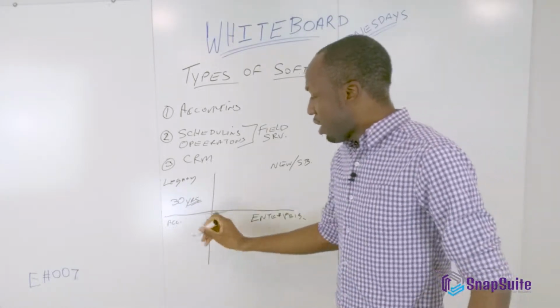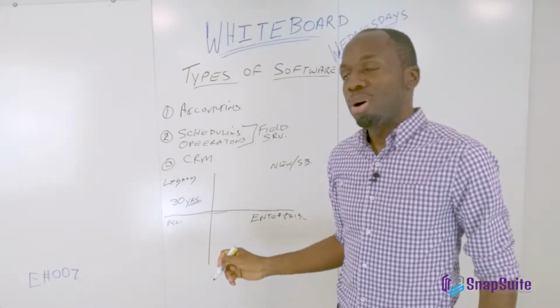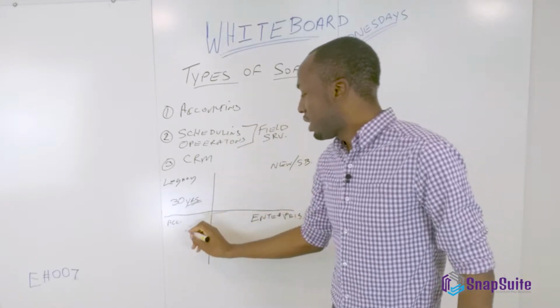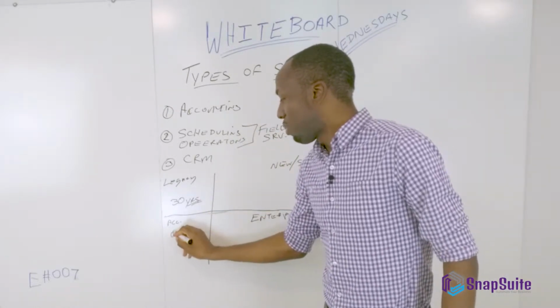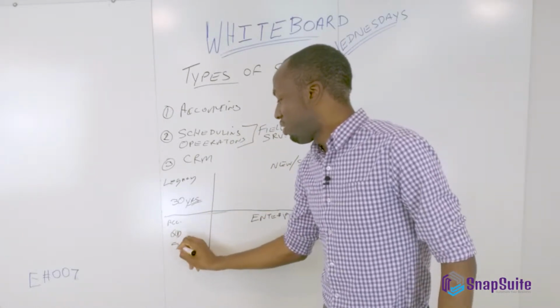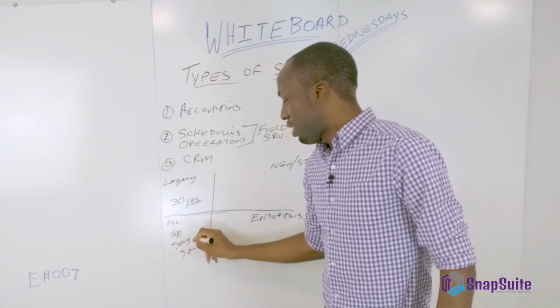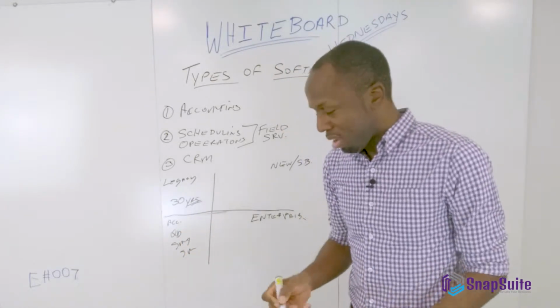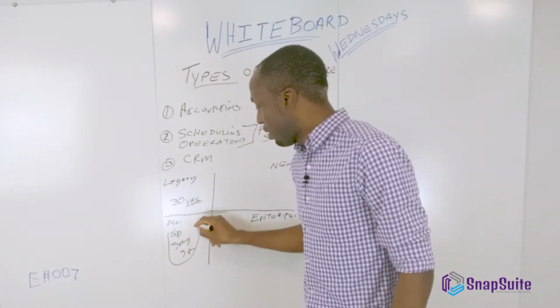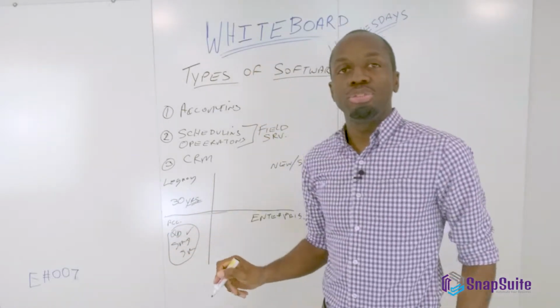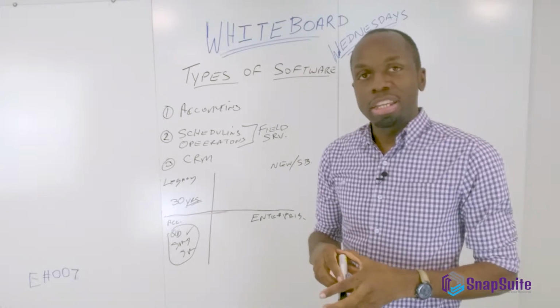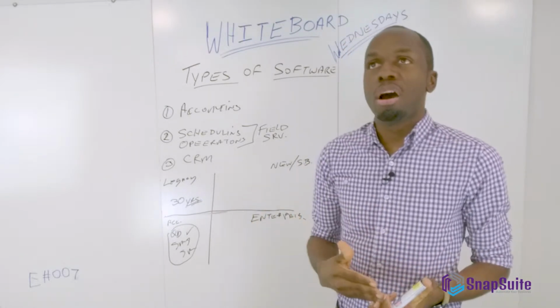Now, the accounting systems, and I'll name some of these, QuickBooks, Sage, SAP, the list goes on and on. Accounting software, these guys, tried and true system, okay? They've been around for so long.